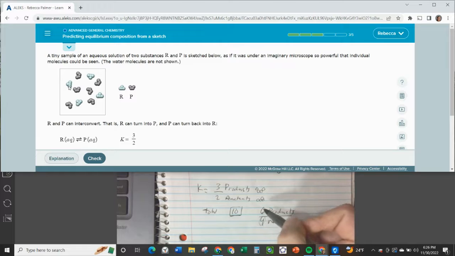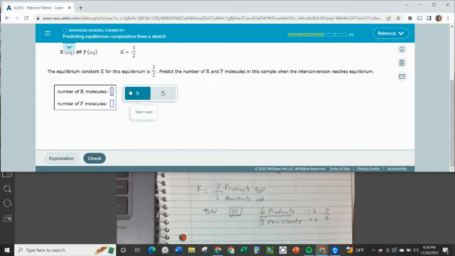This already is at equilibrium. This would simplify if we divided both of these by 2. This would simplify to 3 over 2. So this one's already at equilibrium. We already have 6 products, and remember, this is backwards, so just be careful: 6 products for 4 reactants.